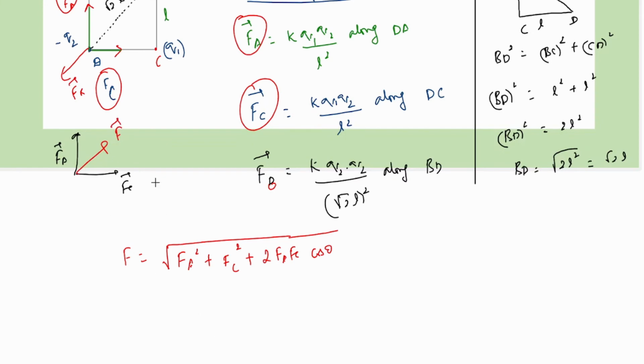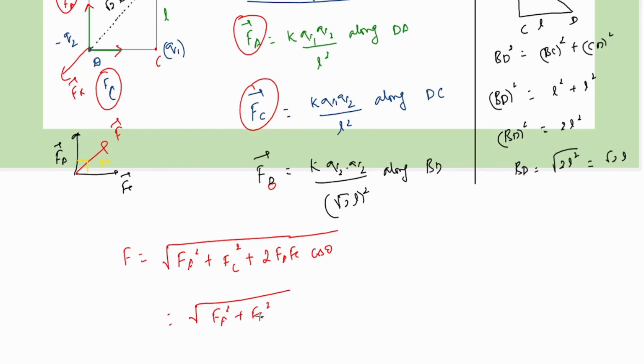The angle between FA and FC is 90 degrees and cos 90 would be 0. So this basically becomes nothing but FA plus FC the whole square. But again observe carefully, FA and FC have the same magnitude.